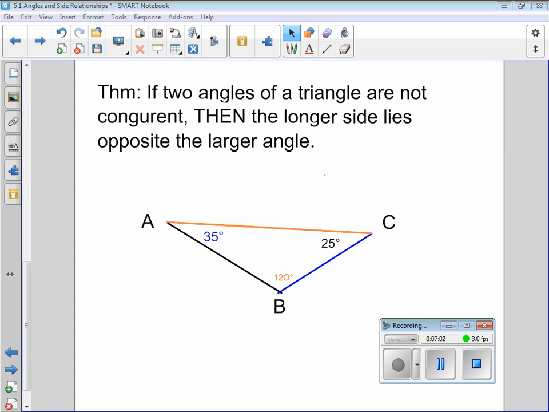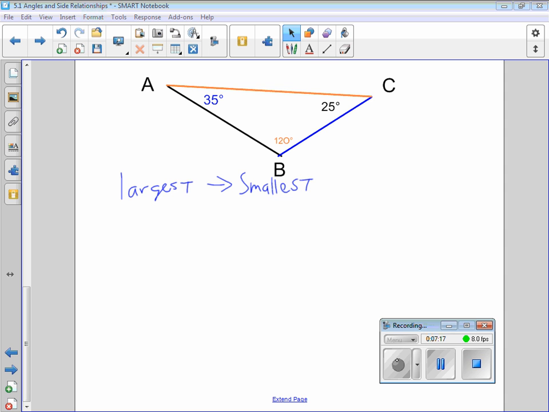Okay, so we'll go ahead and pretend like I was told to do it largest to smallest. I'm going to go up a little bit so I have more room to work. So I'm going to go ahead and order the angles first. So that's the largest angle.